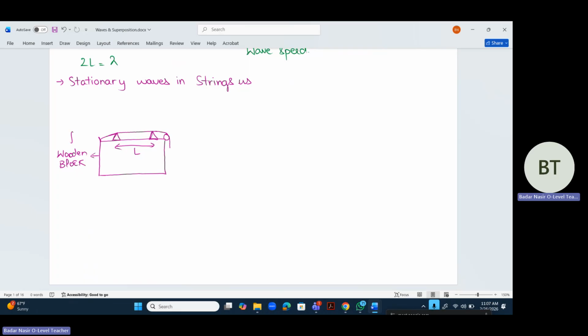This end is fixed. This is a string. These triangular prisms are the wedges. This is a pulley. These are not like the children's toy blocks; they are two wooden wedges.